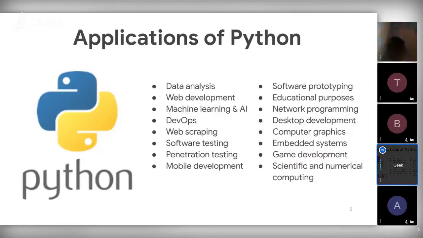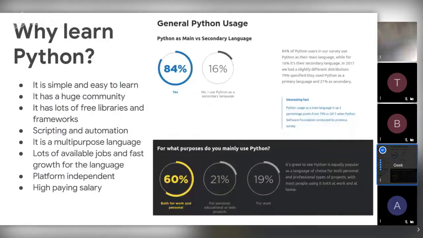And web scraping means you're trying to scrape data on the web. Of course, we have software testing, penetration testing, mobile development, software prototyping, educational purposes, and a whole lot of other applications of Python. Which brings us to why you should learn Python.